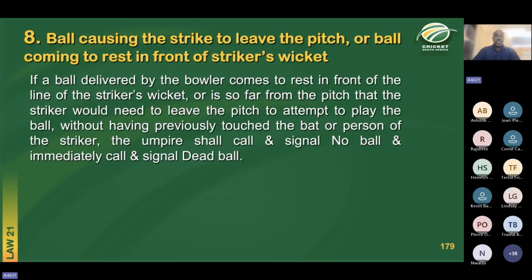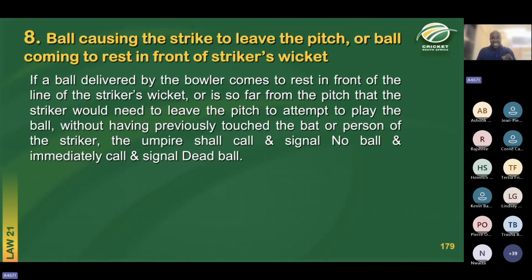What if a ball is so wide that it causes the striker to leave the pitch to play at the ball? Or what if the ball, it does happen sometimes in junior cricket, where the bowlers don't have enough power for the ball to get to the striker.